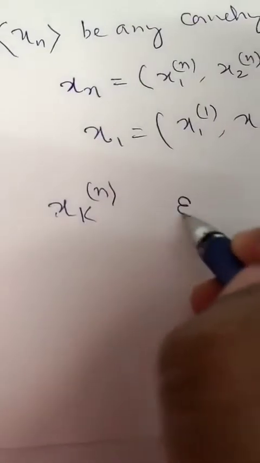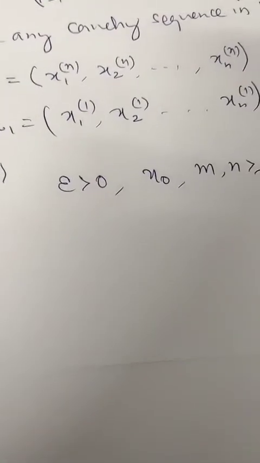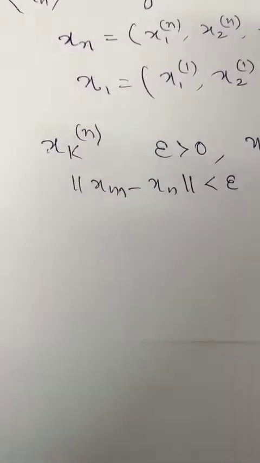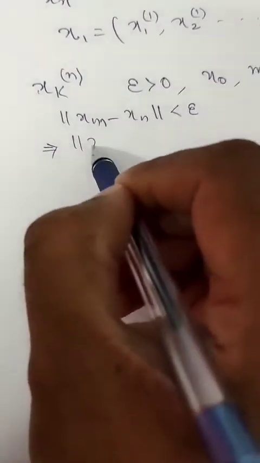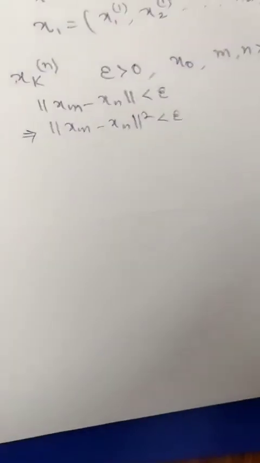Given epsilon positive, there exists a positive integer n_0 such that m, n greater than or equal to n_0 implies the norm of x_m minus x_n is less than epsilon. So squaring on both sides, this implies the norm of x_m minus x_n whole square is less than epsilon square.